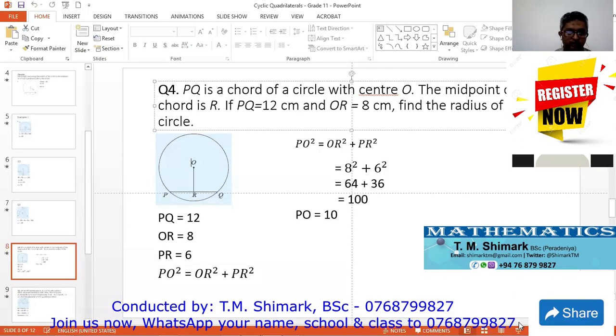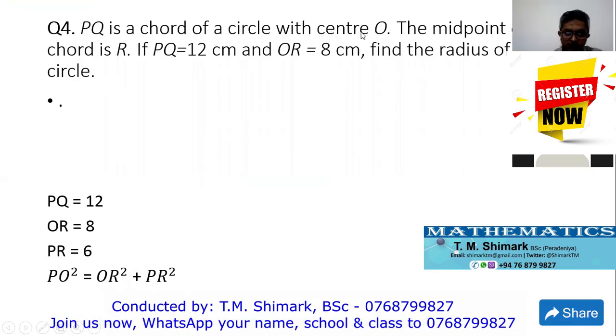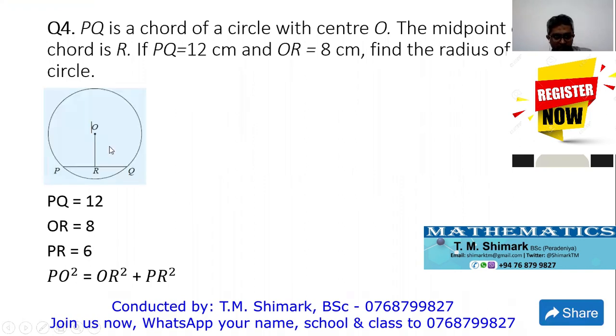The question says, PQ is a chord of a circle with center O. The midpoint of the chord is R. If PQ equals 12 centimeters and OR is 8 centimeters, find the radius of the circle. As I say, a lot of times I can see the students are not reading the questions properly.